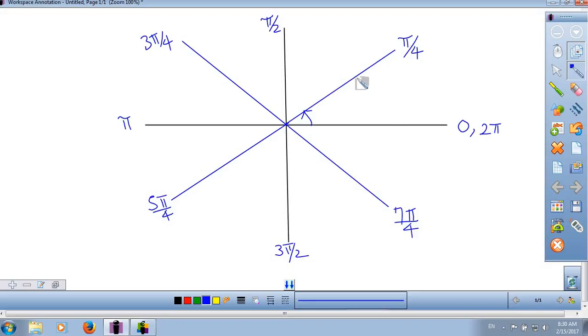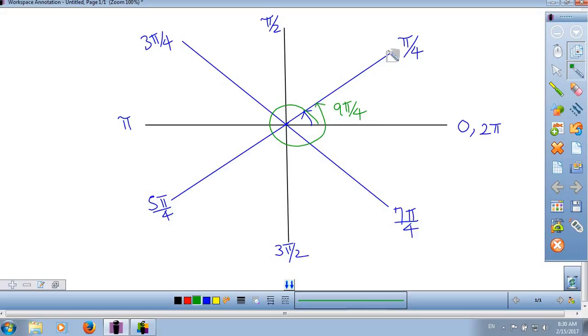You can keep going. The next one would be 9 pi over 4, which is the same as pi over 4. So they are coterminal angles. Again, coterminal angles means two angles that end up in the same terminal side. For example, this angle is pi over 4. However, if I complete the whole revolution and then come back here, the green angle would be 9 pi over 4.